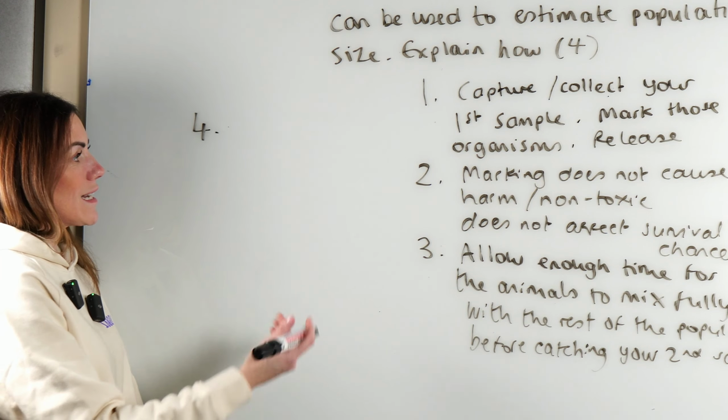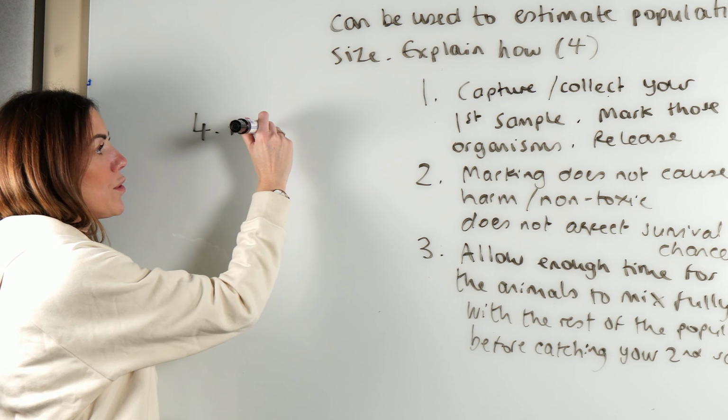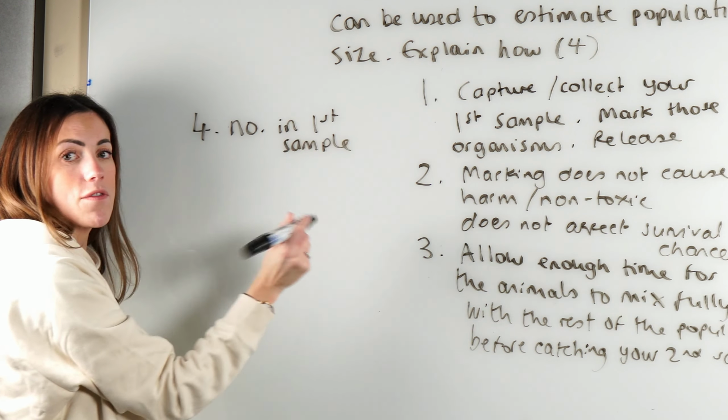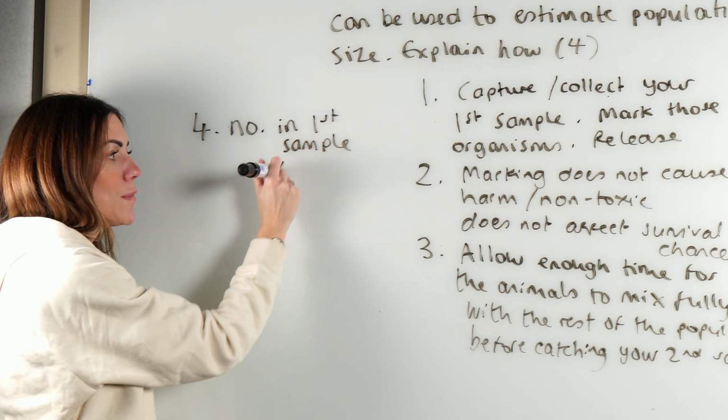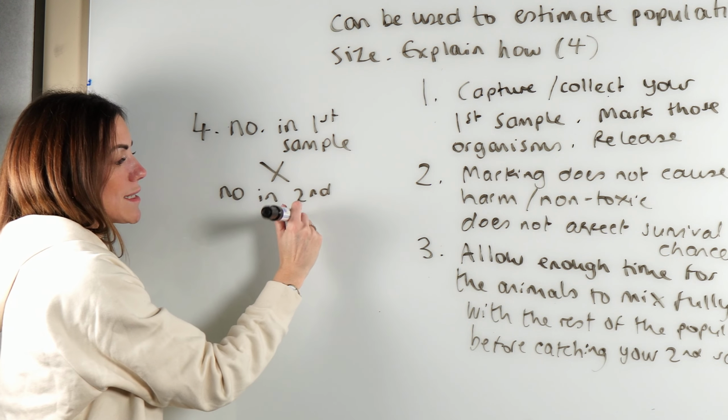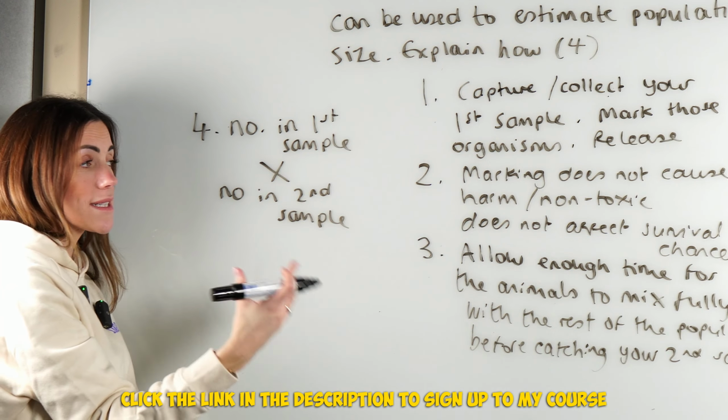Once you've got that data, you're basically going to do number in first sample, so the number you caught the first time, multiplied by the number in the second sample, the number you caught the second time.